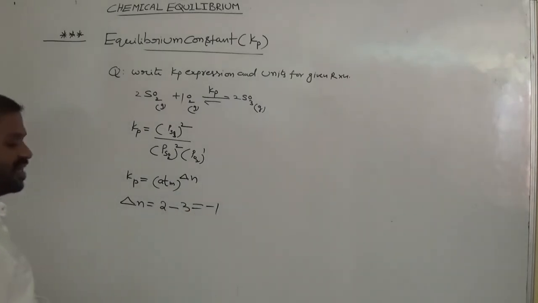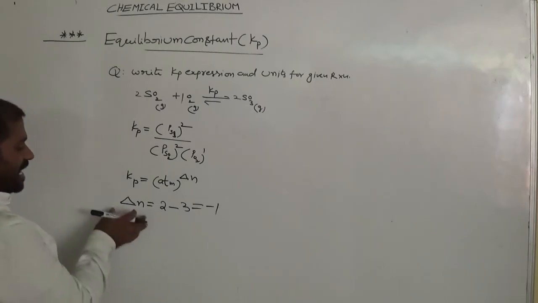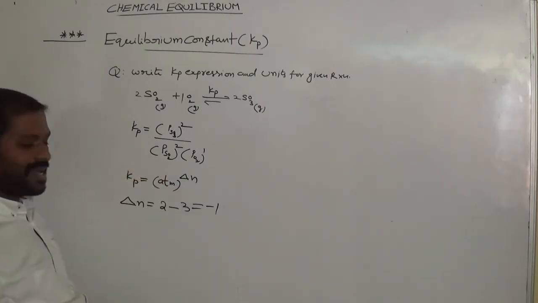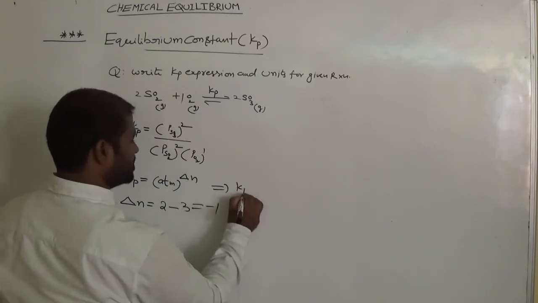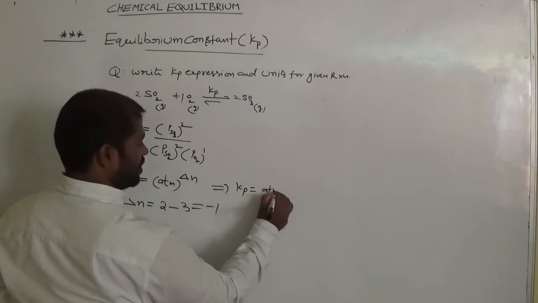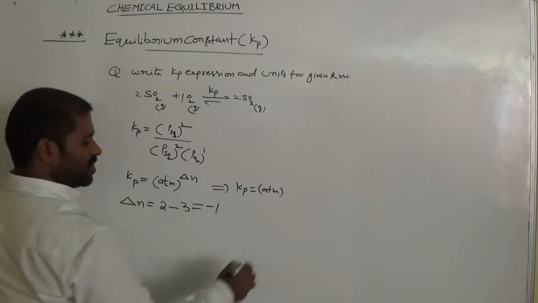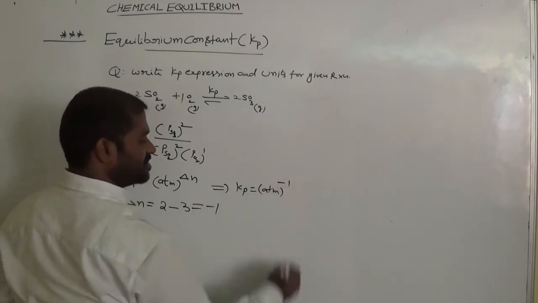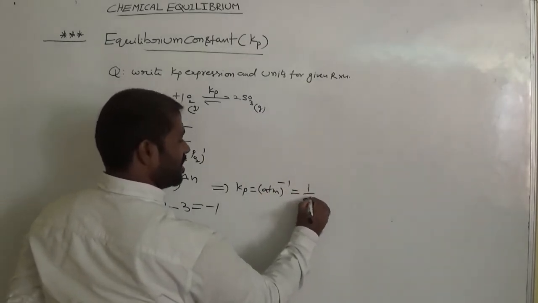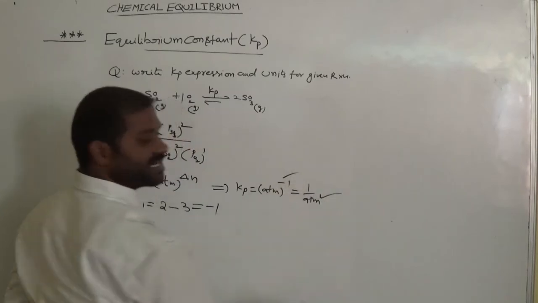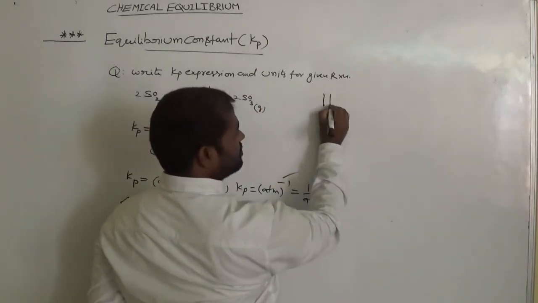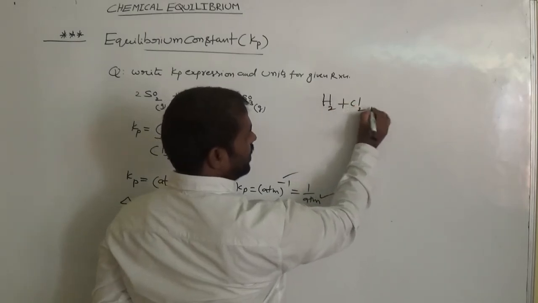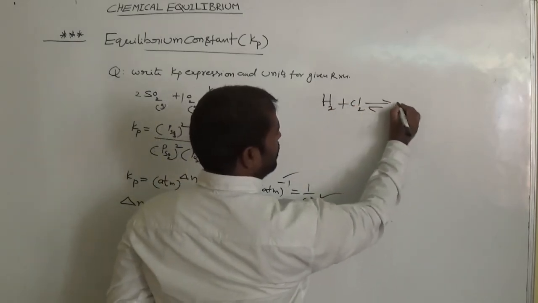Minus 1. So delta n we get here is minus 1. Now what is the unit? Kp is equal to atmosphere whole power minus 1, so that is equal to 1 by atmosphere. Okay, both are correct. Now for this reaction, can anybody do it? H2 plus Cl2 is reversible to HCl.